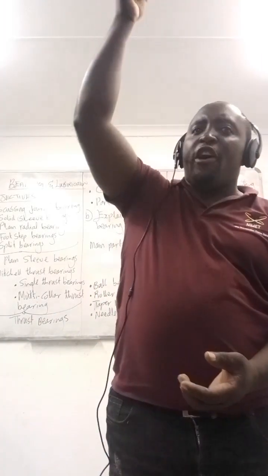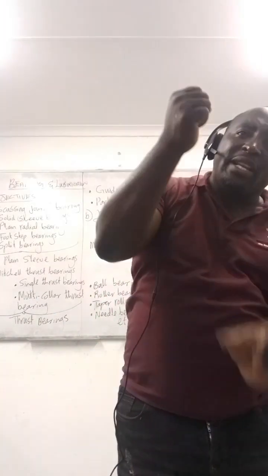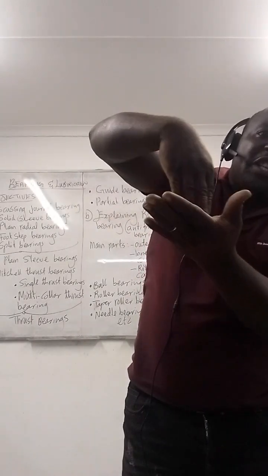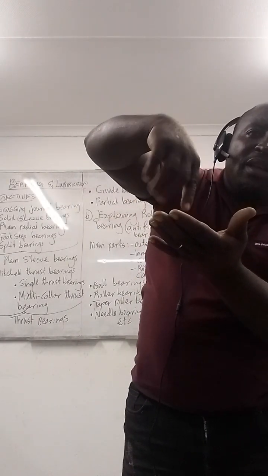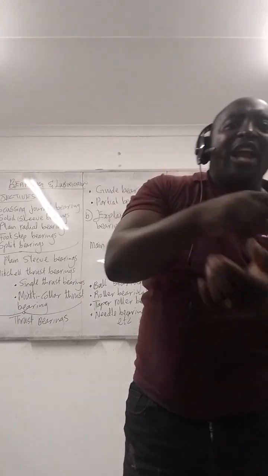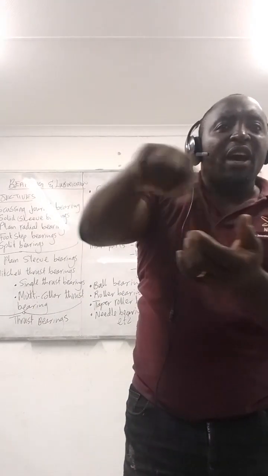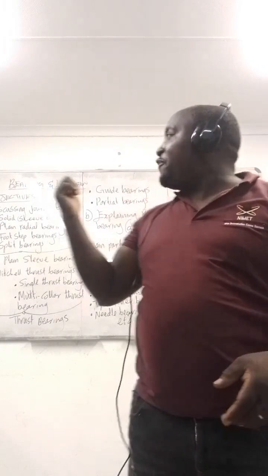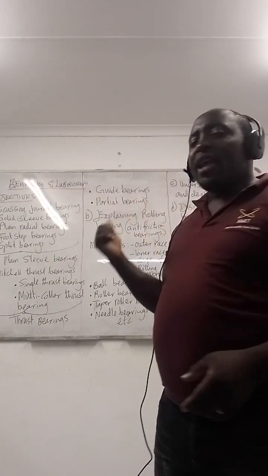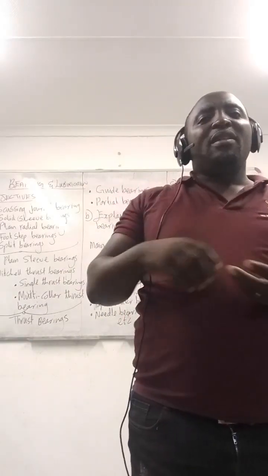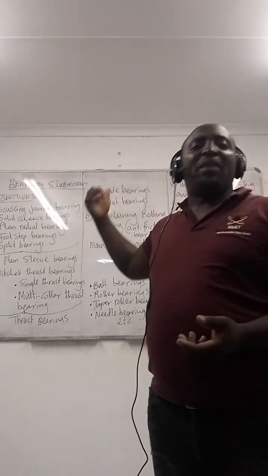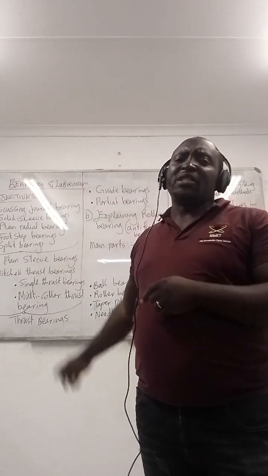Because the force is coming and acting in a vertical direction, and as it is spinning, there is the thrust force, and also there are forces on the side. So the footstep bearing can also fall under thrust bearing. But because it is a sleeve type, that's why they have put it on the plain bearing, but this one is on the thrust bearing.